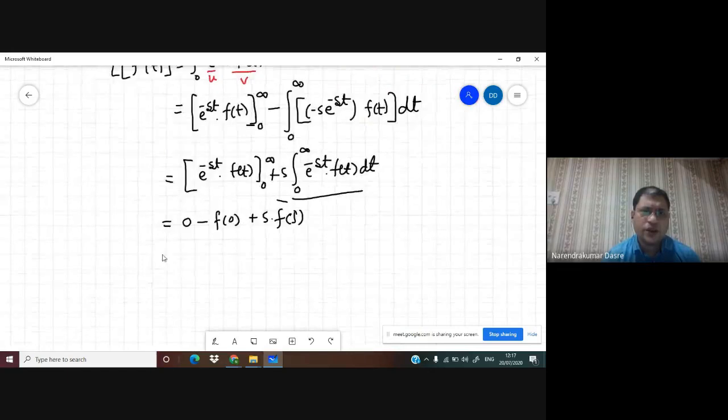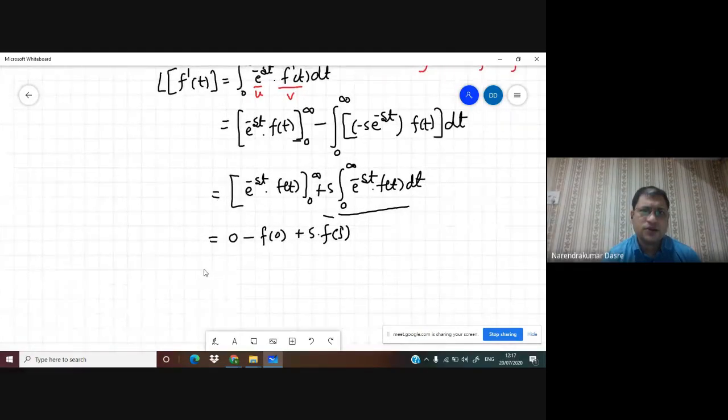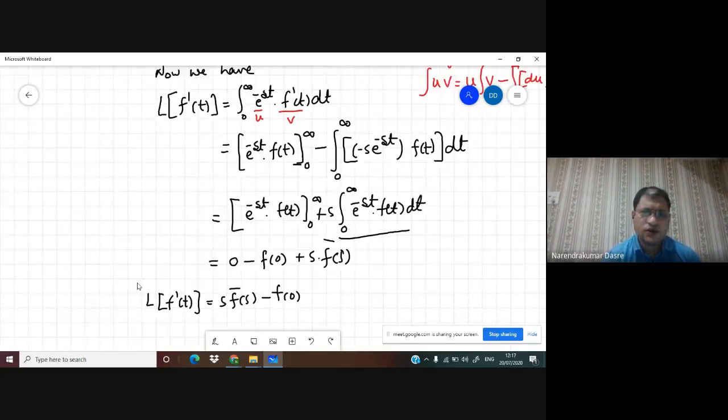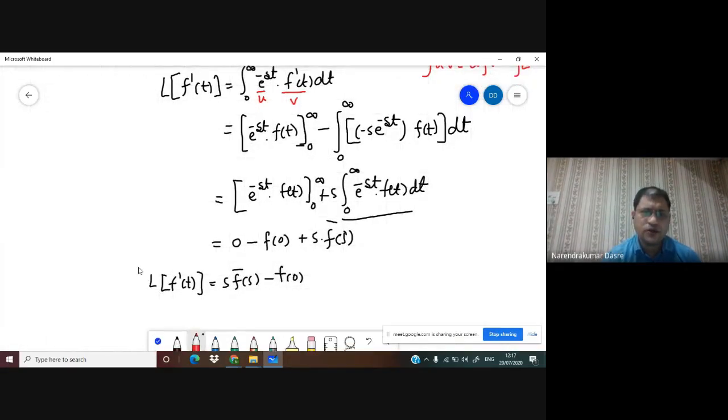So what we get here is the Laplace transform of f dash of t is equal to s f bar of s minus f at 0. So this is what we are able to get here.